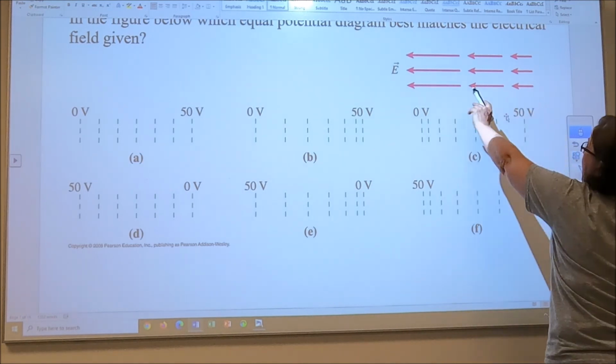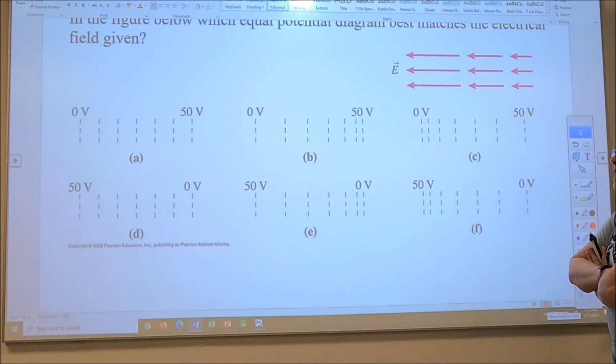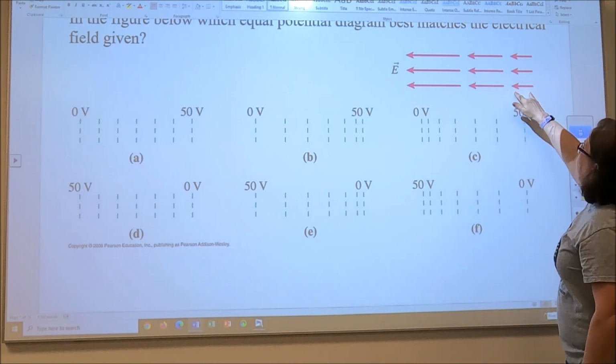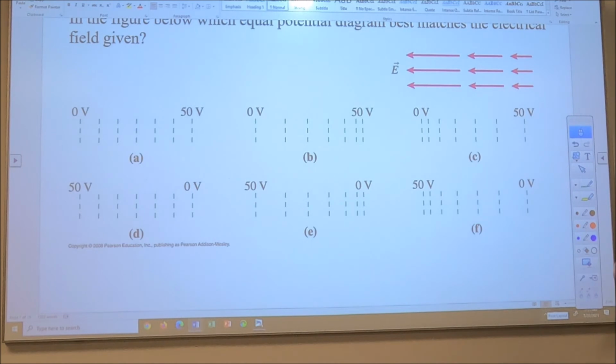Now, if I look at my electric field here, I want to choose the equal potential surfaces that line up with this. The strength of the electric field is increasing. Excuse me, the spacing between the equal potential surfaces has to be decreasing.